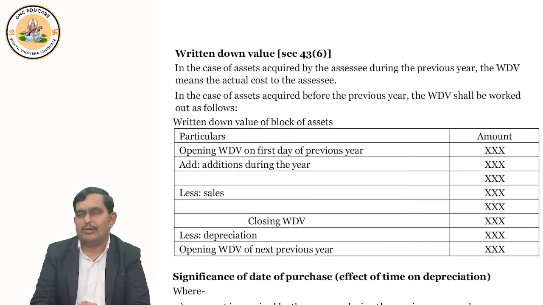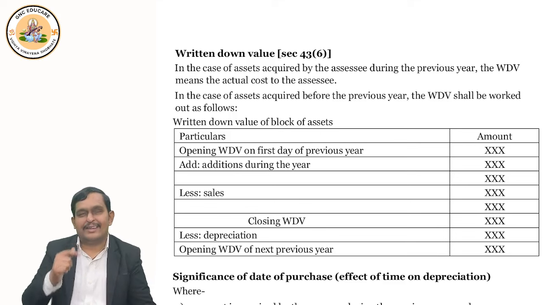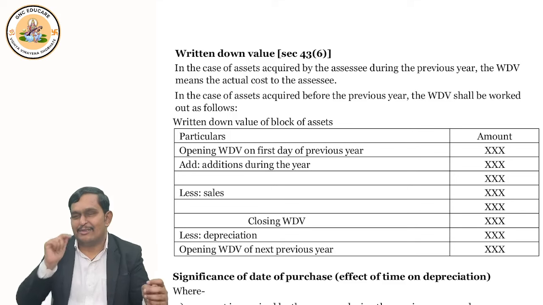Because ultimately, how you should learn any topic. Like a small kid, if you actually think of remembering the topic, as we go older, our memory loss, right? As long as we are small, we are kiddie, we will remember so many things, correct? So you have to remember like a kid. You have to say opening WDV, add purchases minus sales, we'll get closing WDV.